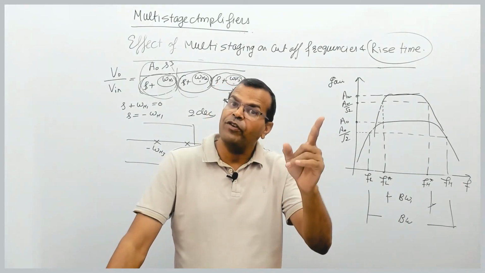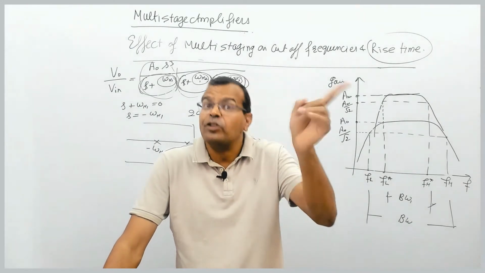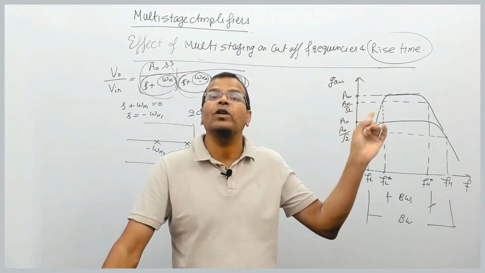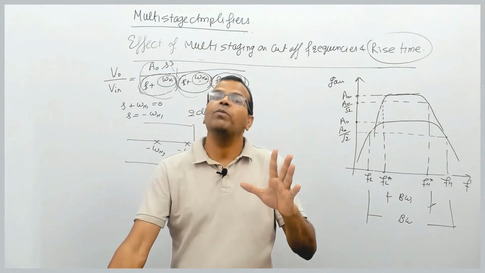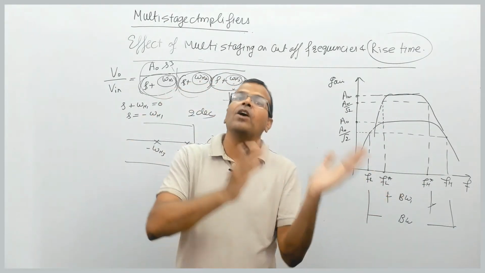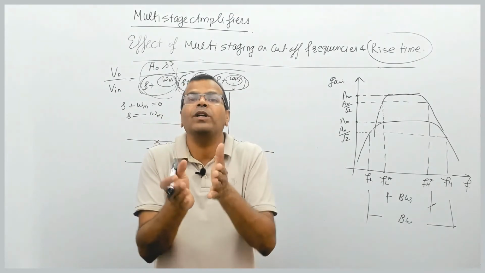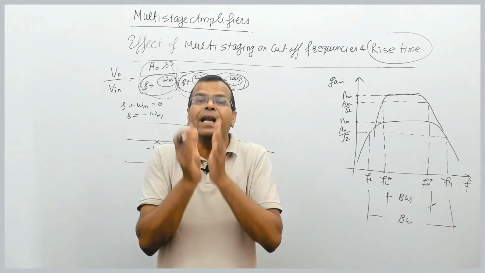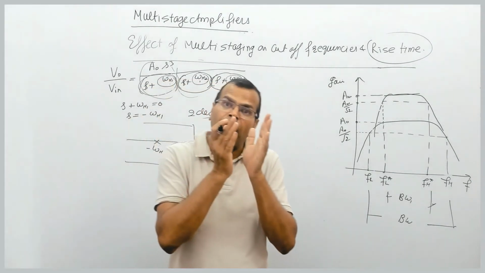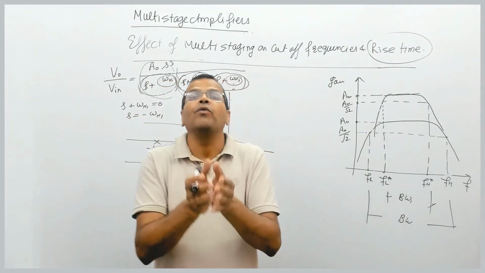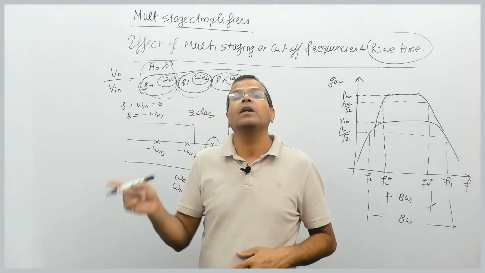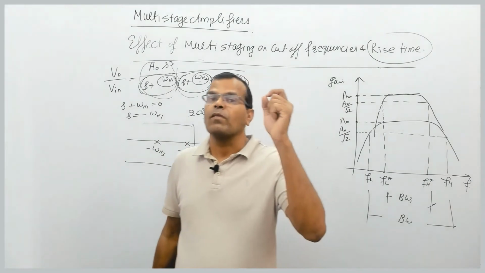But in the case of low frequency response, the pole which is larger by at least a factor of 4 in comparison to other poles is the dominant pole. So dominant poles are totally different for high frequencies and for low frequencies. For high frequencies, the lowest pole is the dominant pole, which is less by at least a factor of 4. And in the case of low frequencies, the pole which is greater by at least a factor of 4 in comparison to other poles is the dominant pole.